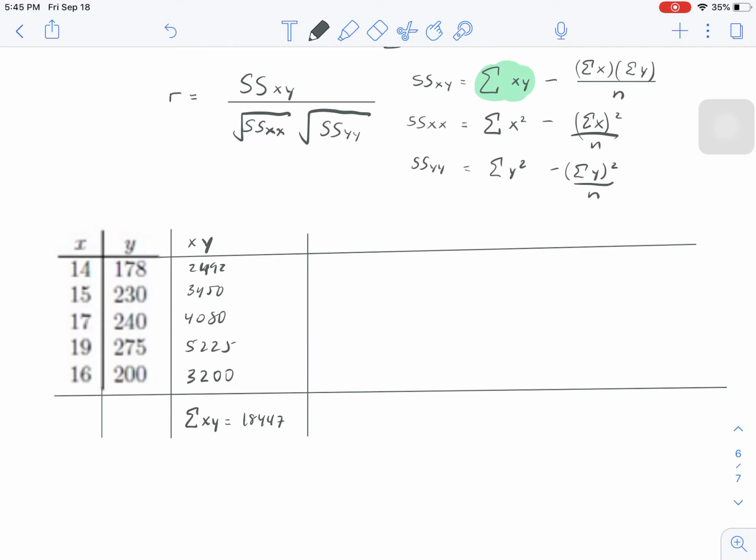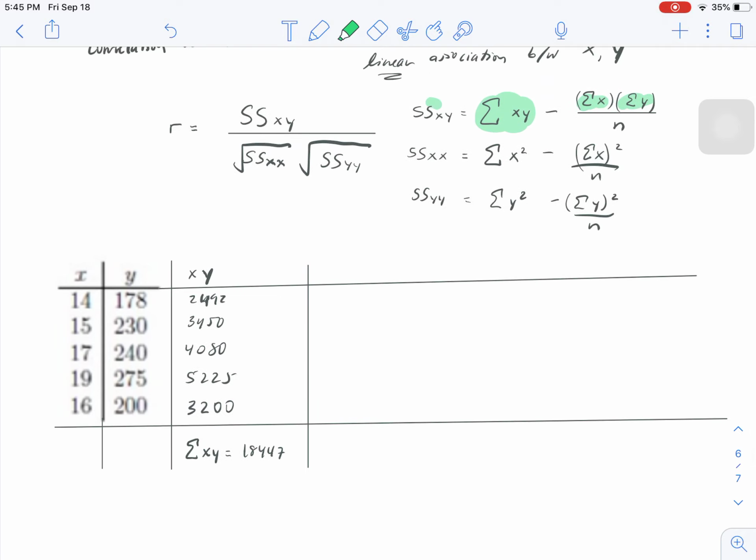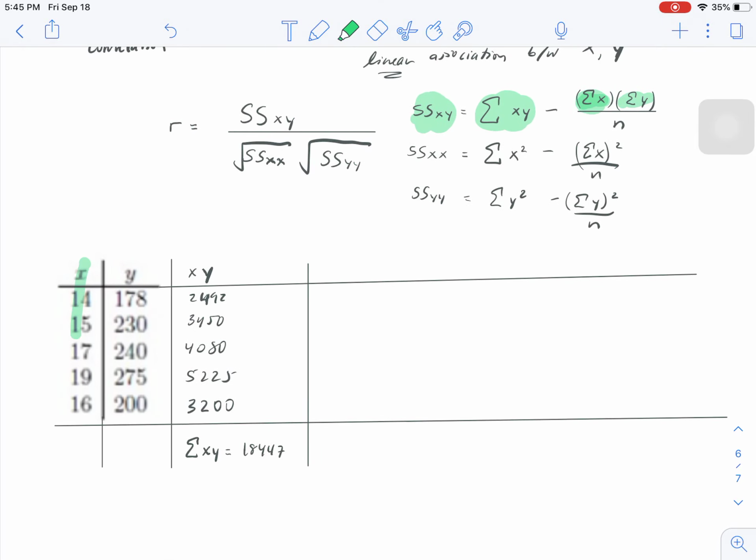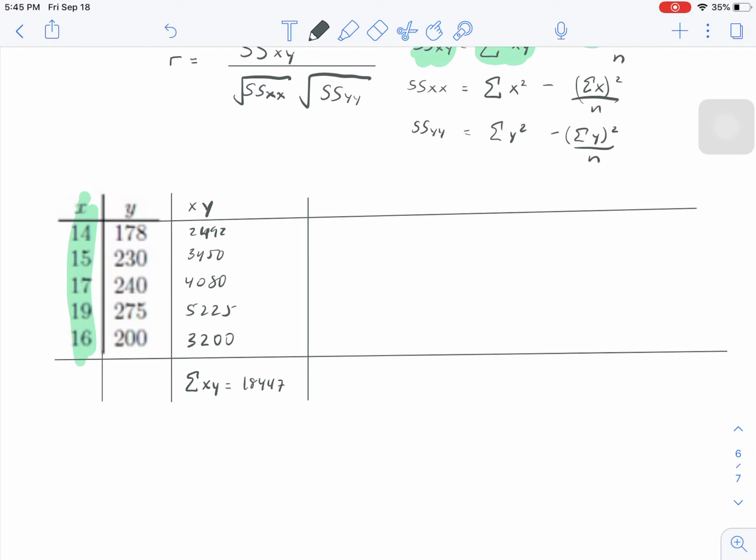All right, then the last two sums I need for the sum of squares for x, y: I add up all the x's. So I just add up this column, all my x values, 14 plus 15 plus and so on, and I get that the sum of the x values is 81.